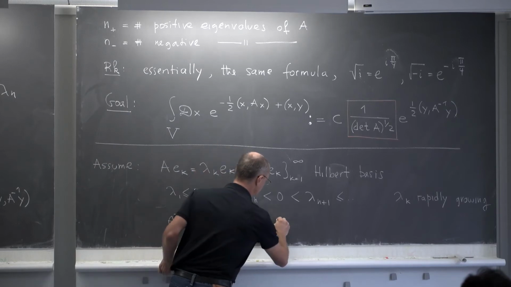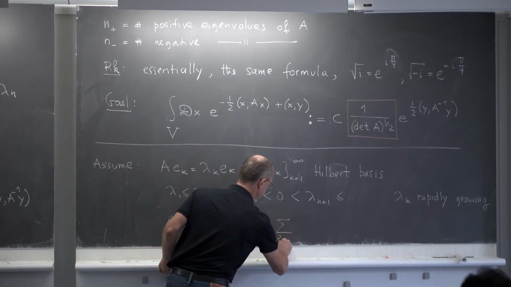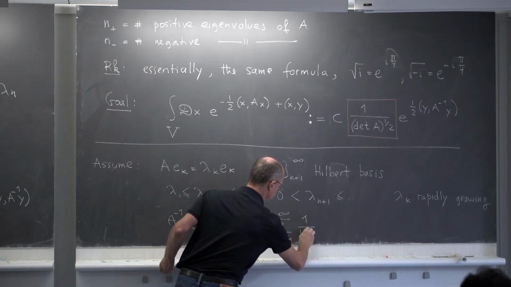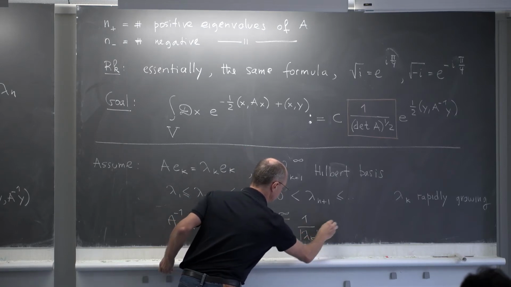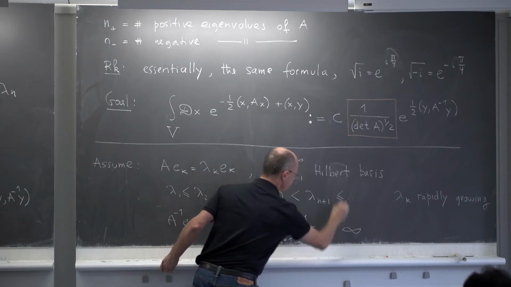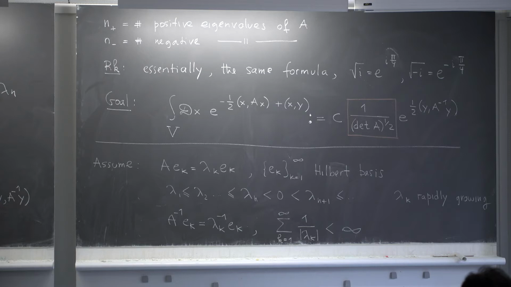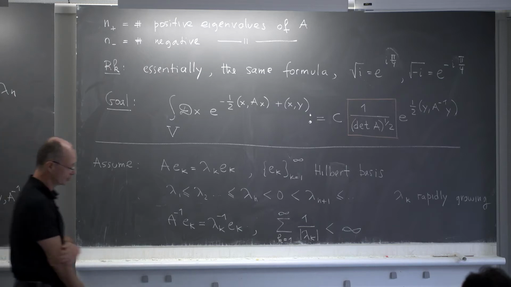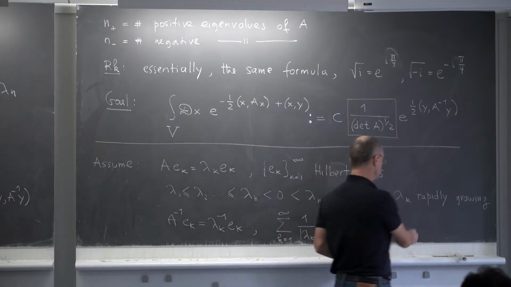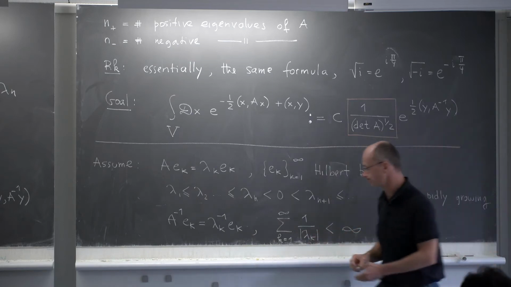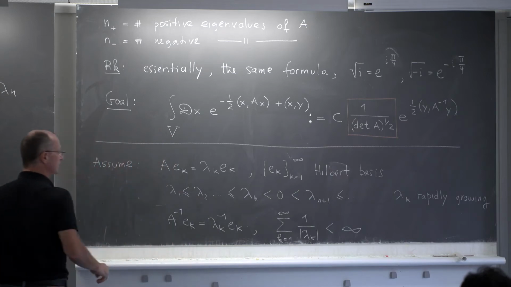And we assume that the sum of inverse eigenvalues is absolutely convergent. So that's one of the assumptions. Of course, for that, lambdas should grow sufficiently rapidly. All right.